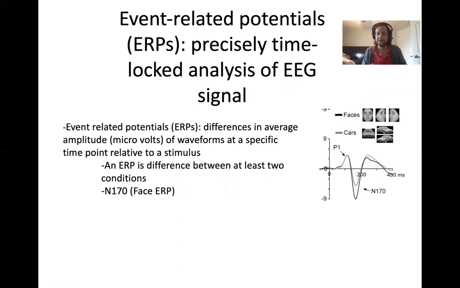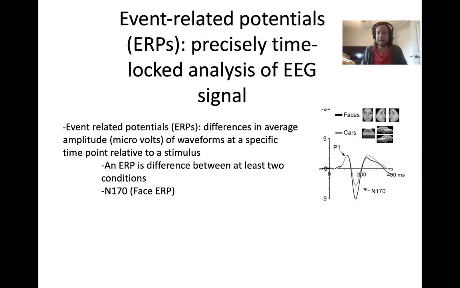One way of analyzing the data with EEG is to use Fourier analysis to break that complex waveform down into its different sinusoidal components and then compare the amplitude of at least one of those components between two different mental states, between two different conditions.